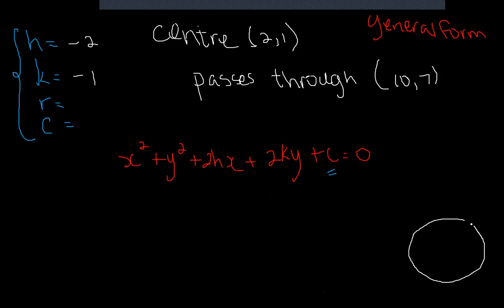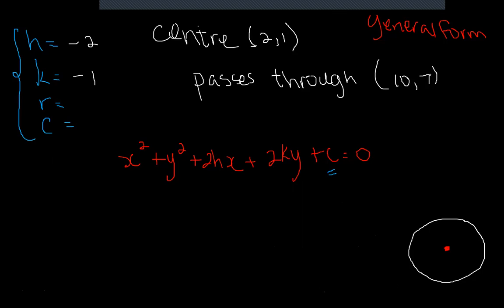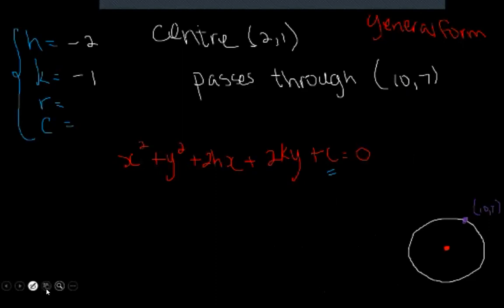So say this is my circle, center, red, and it says that it passes through a point 10, 7. So I'll just put that up here. Say this is my point 10, 7. What would that look like? It looks like this.